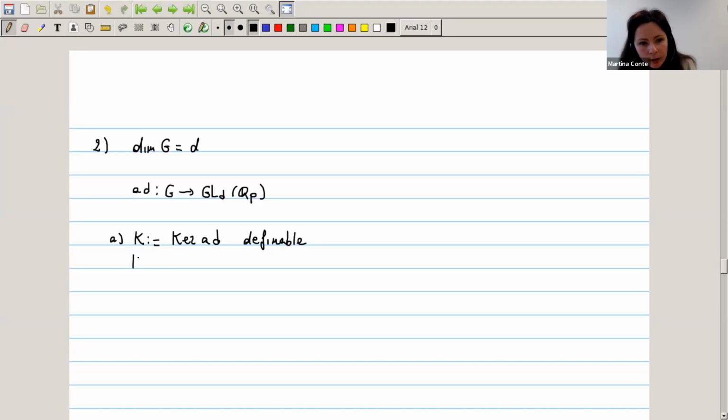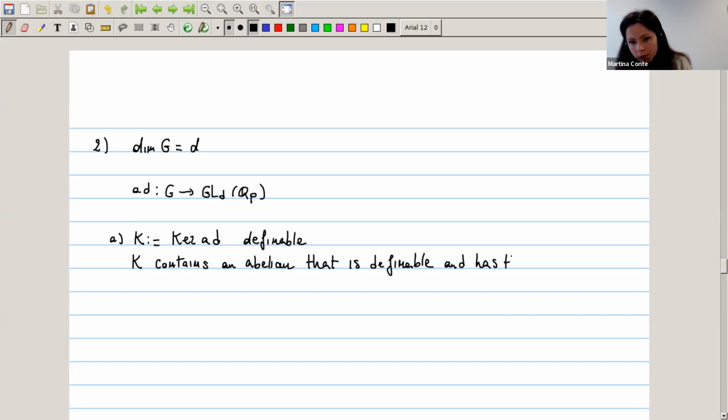And moreover, K contains an abelian subgroup that is definable and has the same dimension as K. And this will be the center of K, actually.